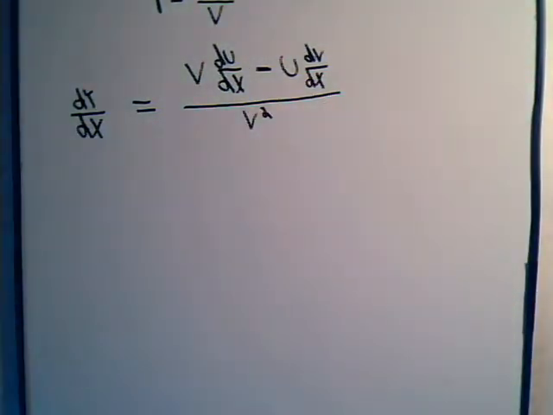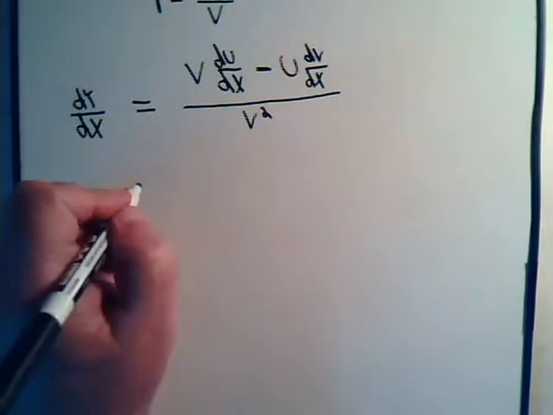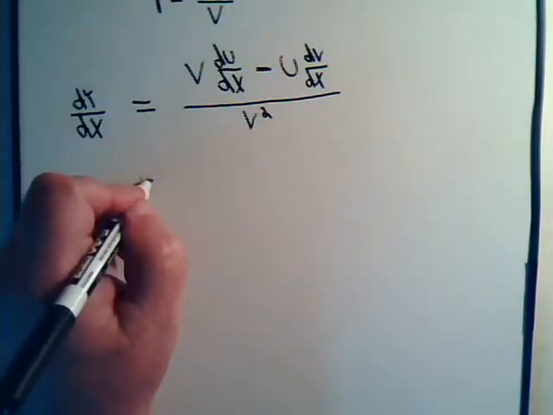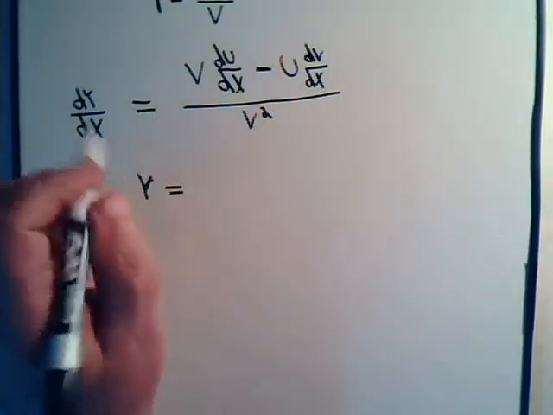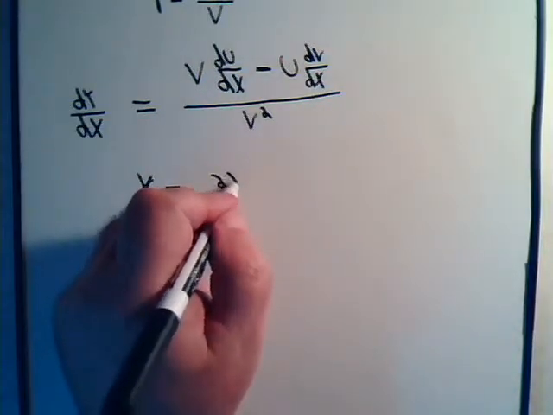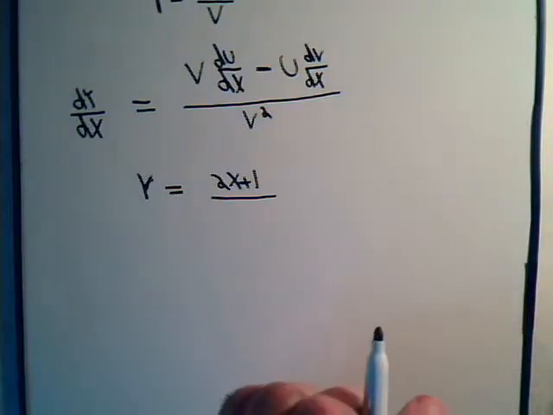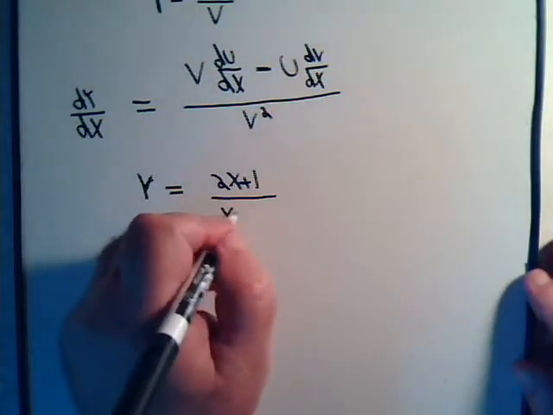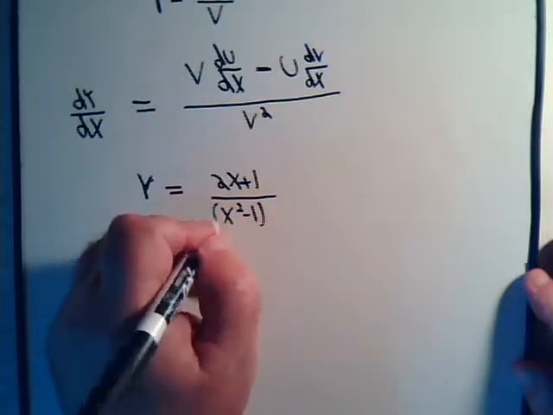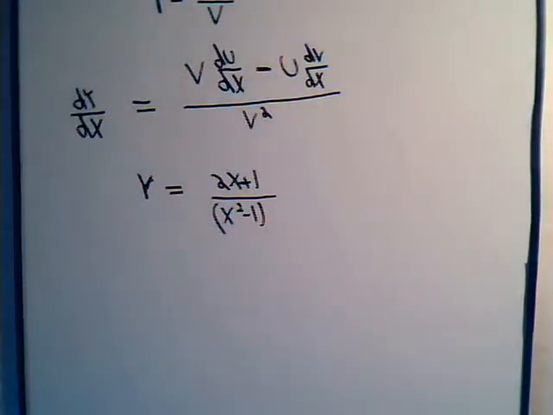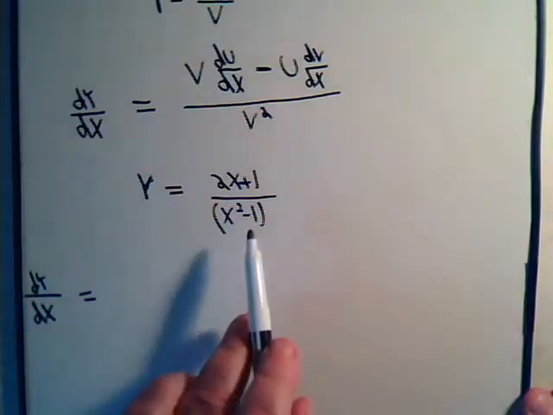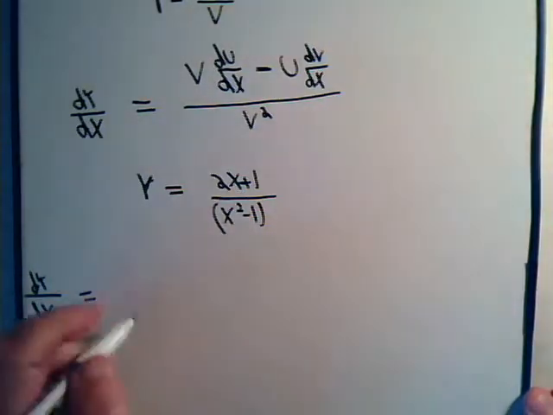Let's say that y equals 2x plus 1 divided by, say, x squared minus 1. And we have to find dy dx. So that will equal this times the derivative of this.